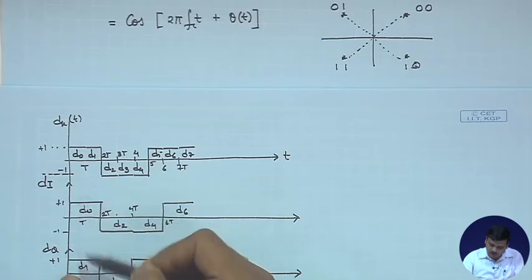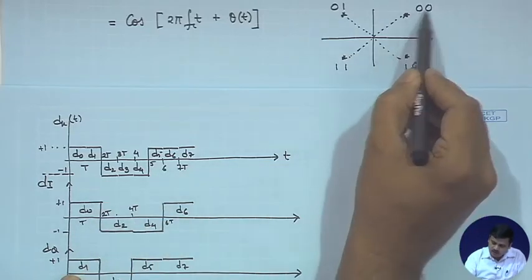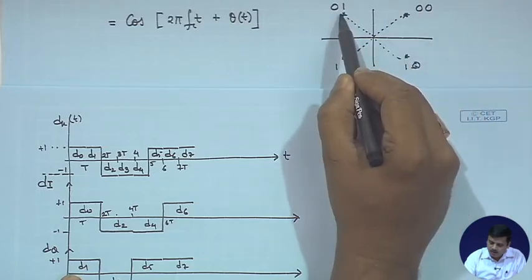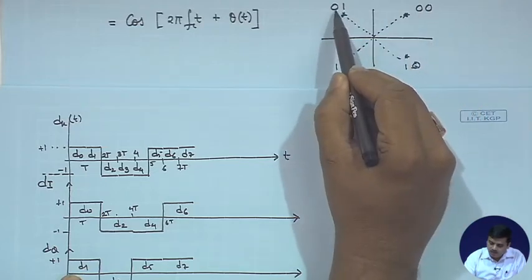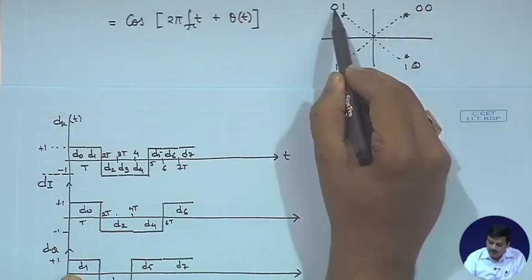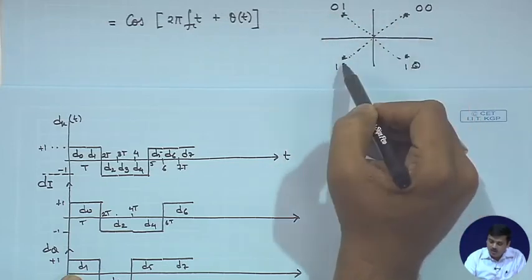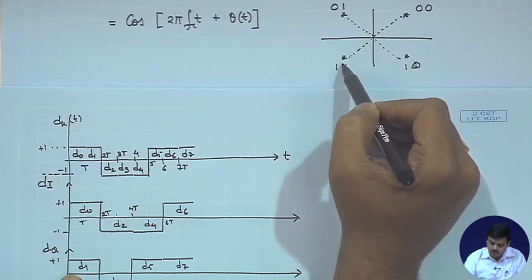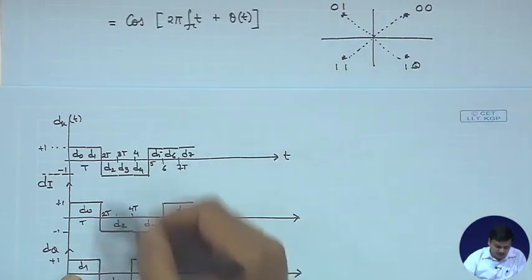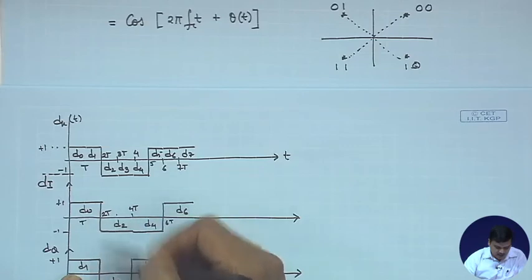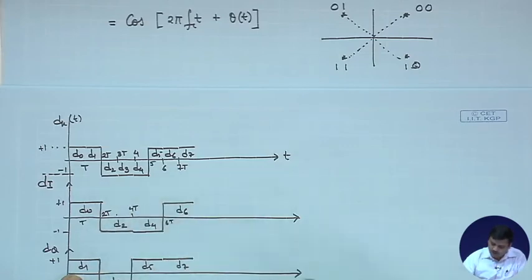So, if they are both able to choose distinct values, from 0 0 this could become 0 1 if the I sequence continues to this, or it could become 1 0, or it could become 1 1. So, at every interval the phase change that can occur could be very large.